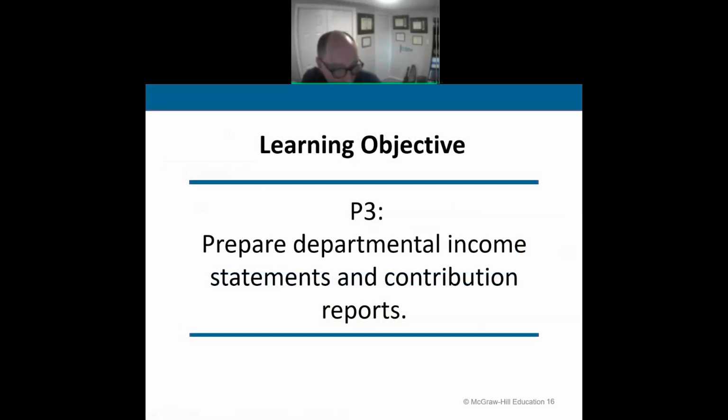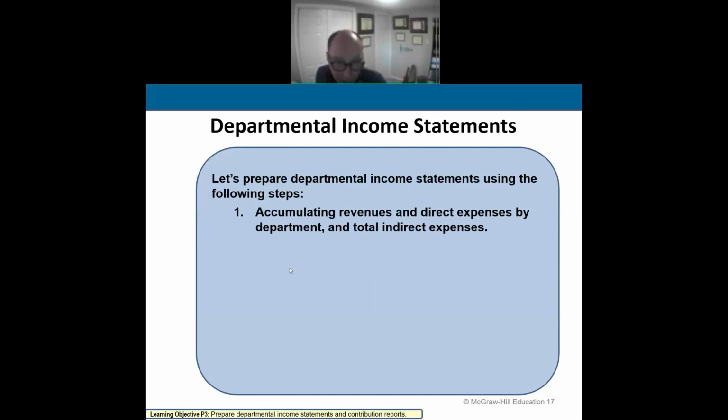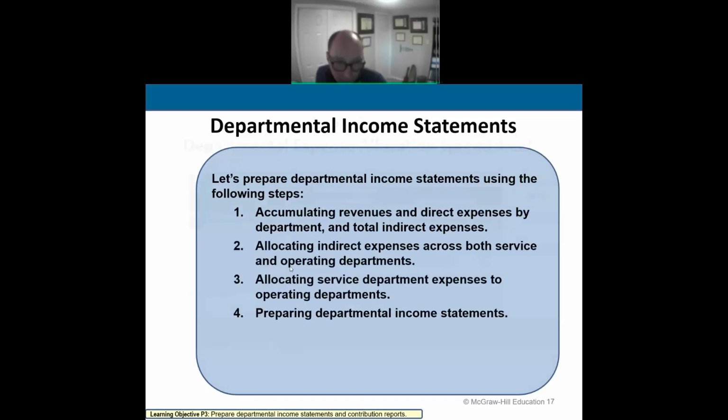Once we've figured out the costs, direct costs, indirect costs, we can prepare the income statements, contribution reports. Earlier, I had said that as a manager, I like to look at each department as its own income statement because the departments generate revenue and they generate expenses.